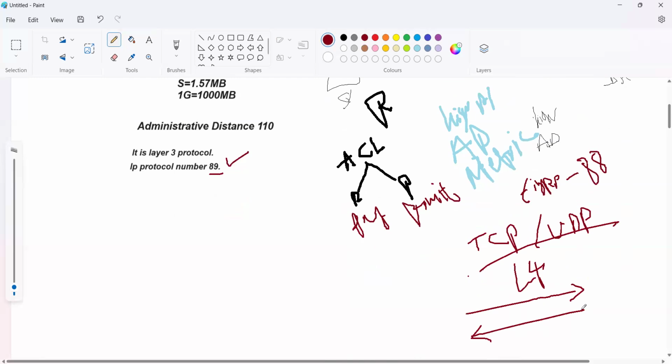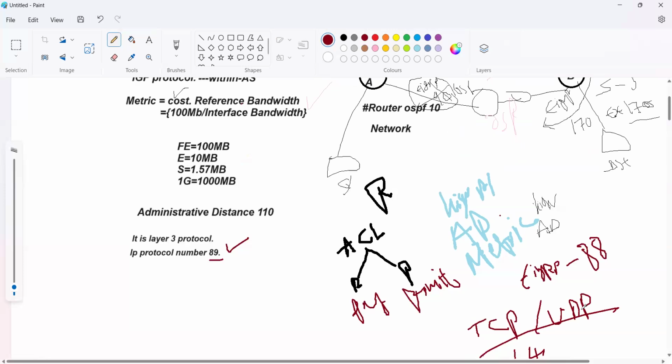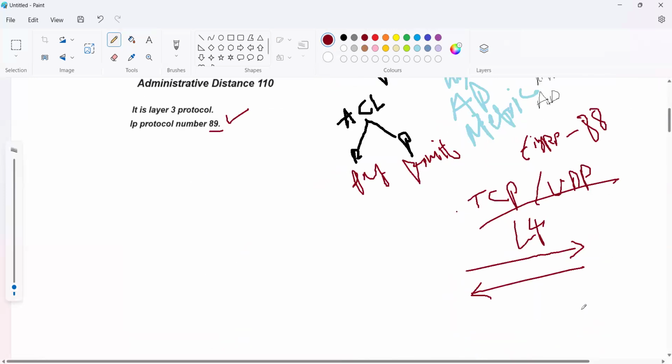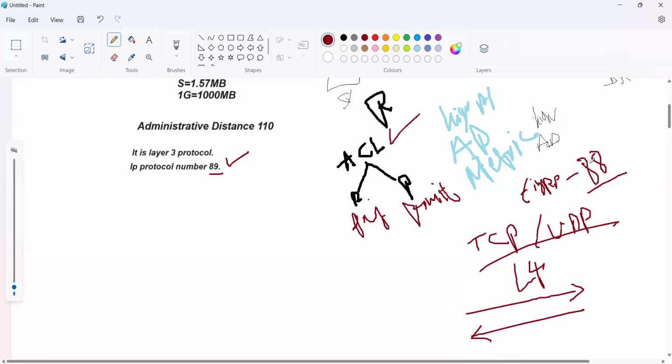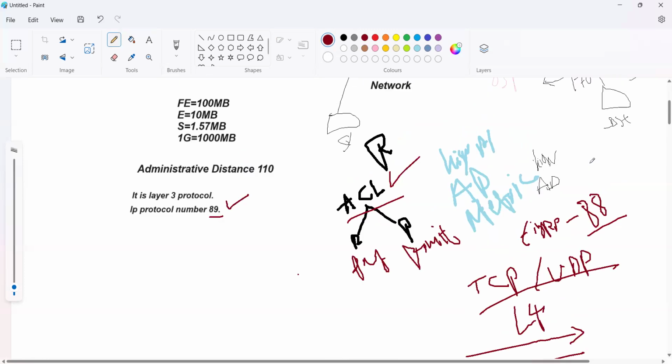So that is the reason we identify the service on the protocol number basis. In ACLs also, if we don't want the traffic, we can deny it. If we want the traffic, we can permit it. Some protocols use some protocol numbers, and that is for identifying the services.